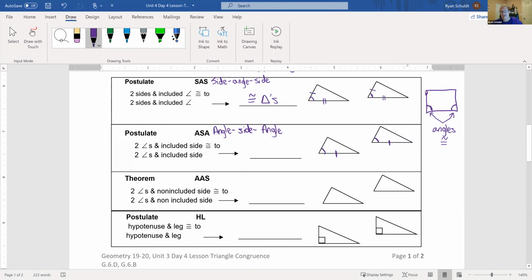In order to say angle side angle, I have to have these two angles right here congruent. See how they're touching each other? They've got to be all touching to use angle, side, angle. If this occurs, then we have congruent triangles.